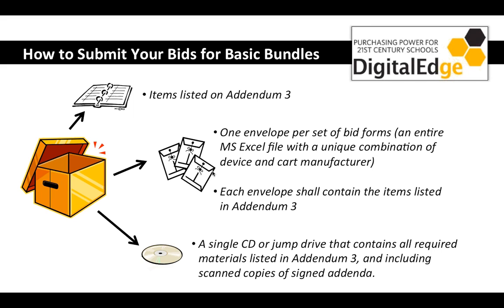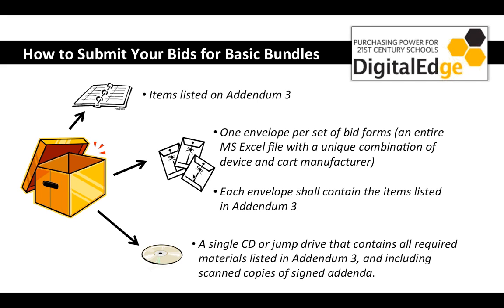And then let's say that you also want to bid on Toshiba devices and Bradford carts. Well, that collection of sheets and forms would go in the third envelope right here, and so on and so on. So each envelope gets its own collection of forms that are specified by the manufacturer of carts and the manufacturer of the devices that get combined with those carts. Okay?